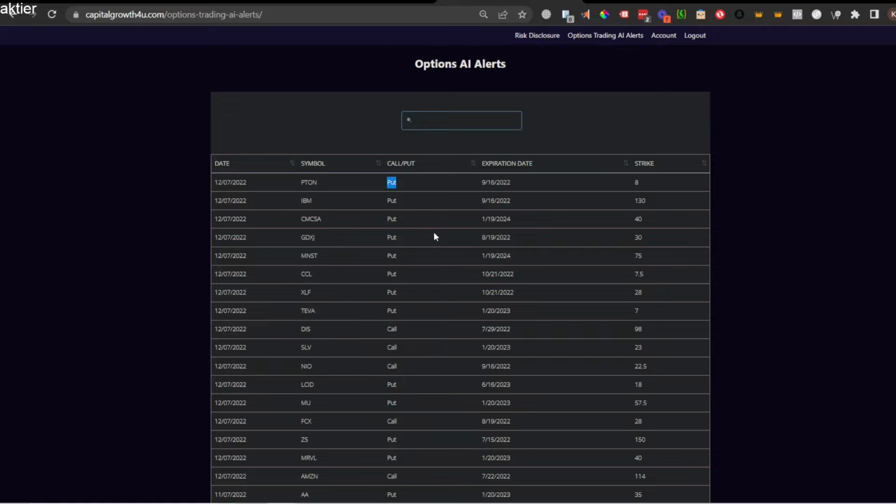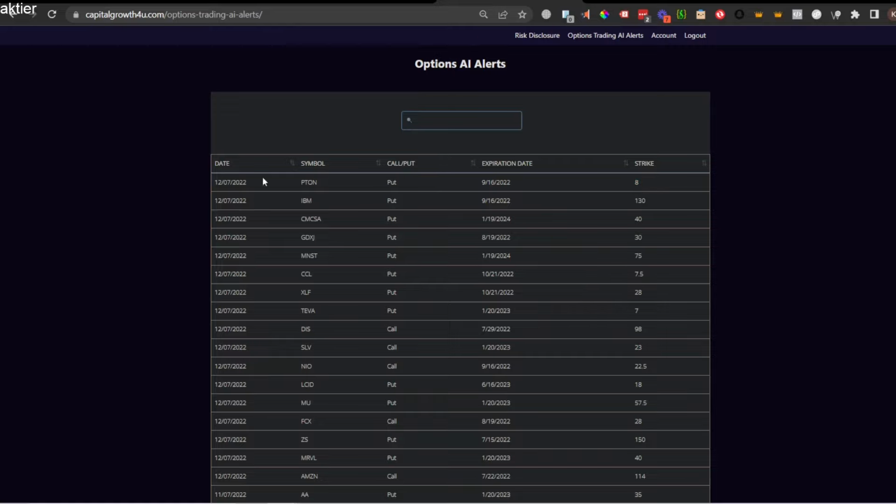A put means they expect the price to go down, and a call means they expect the price to go up. And this is the expiration date, and this is the strike price.